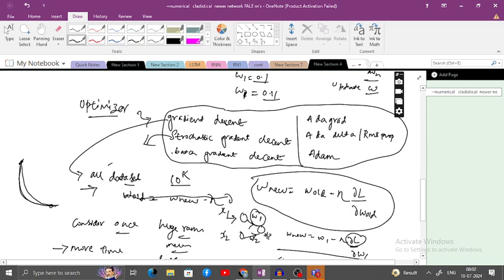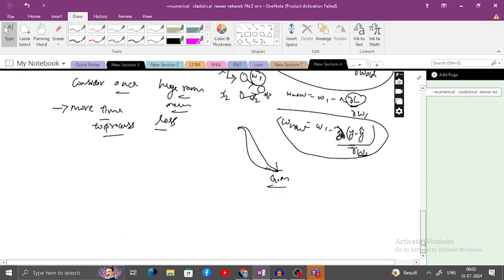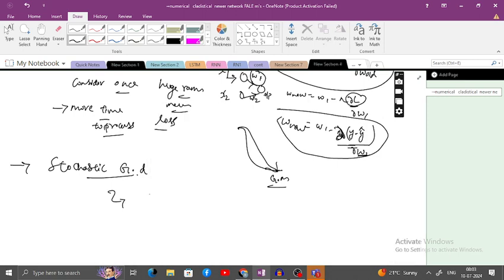So in stochastic gradient descent, instead of taking the whole data set, say 10k data points taken together, I will take a single entry or single entity and it gets updated.